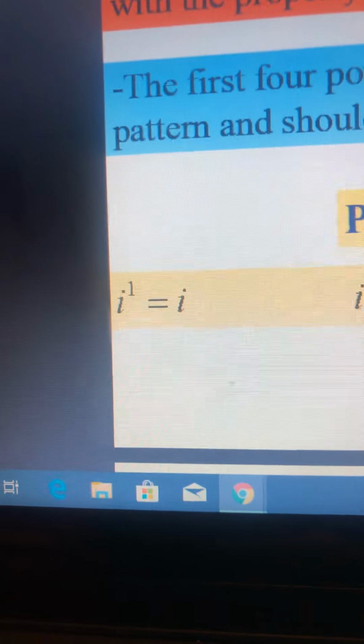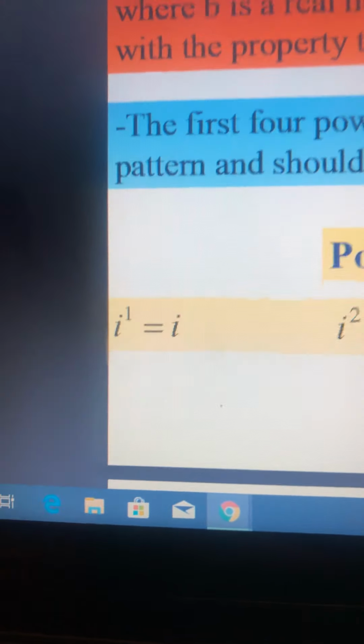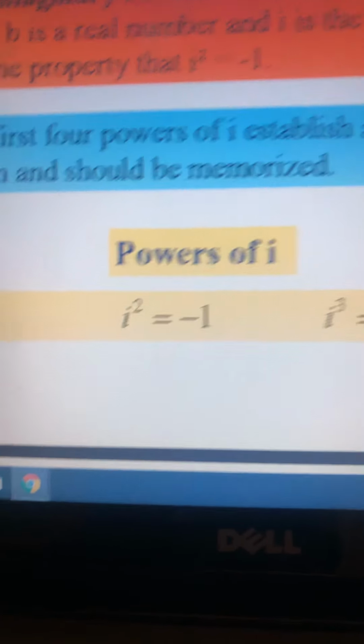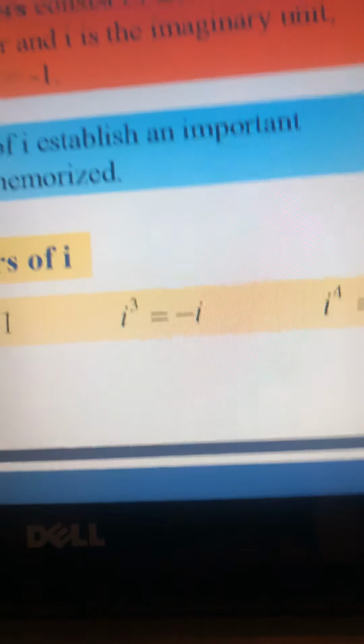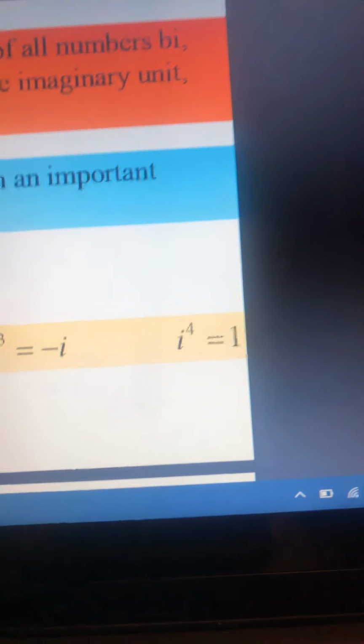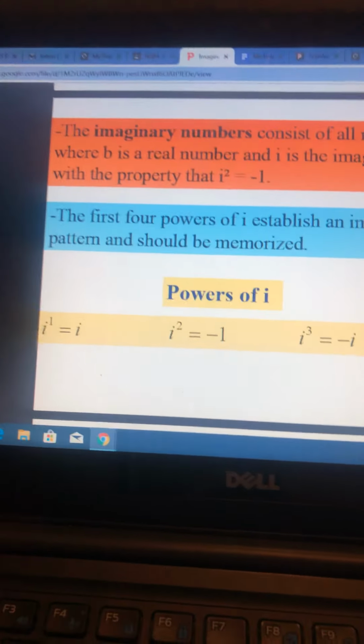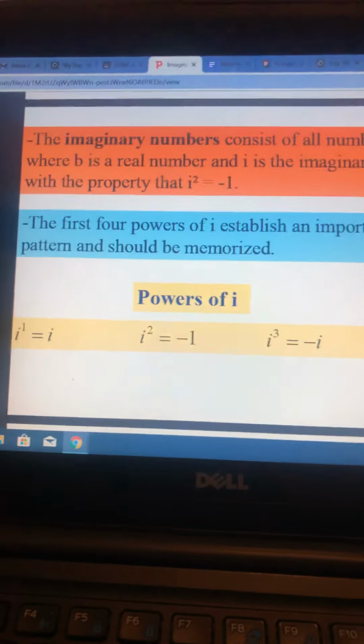First of all, i to the first power equals i, i squared equals -1, i cubed equals -i, and i to the fourth equals 1. So these are your 4 powers of i, and in the next video, I'm going to show you how to use them.